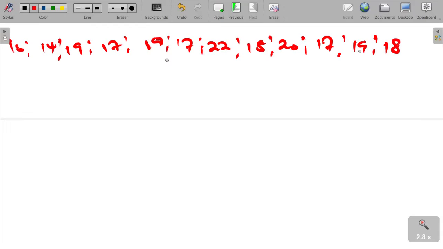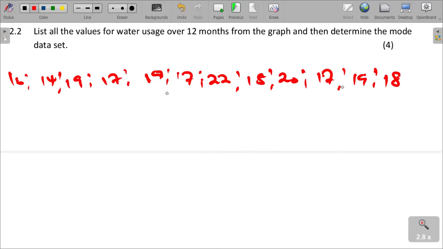So the question is saying, determine the mode, which is the one with the highest frequency. If we list them nicely, we can find there's 16 once. Do we have another 16 again? I don't see one.